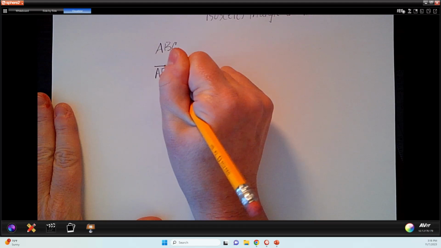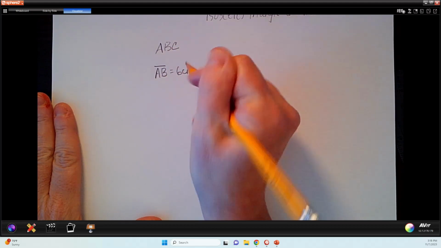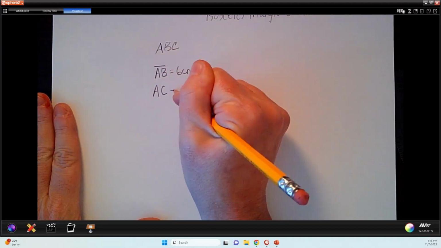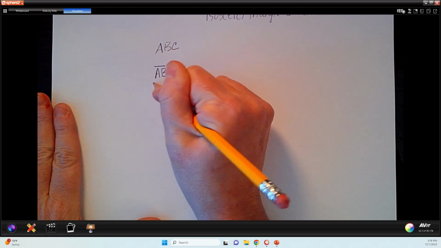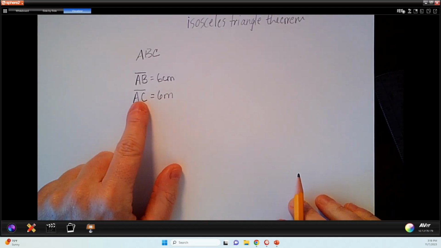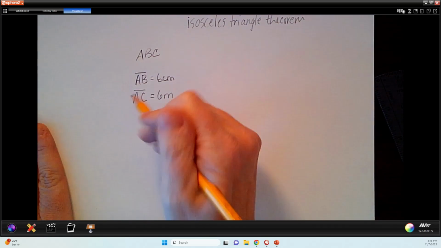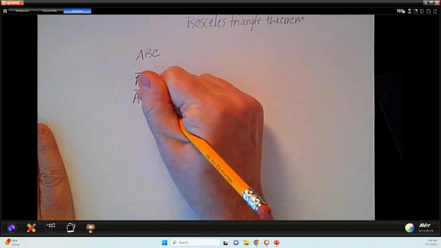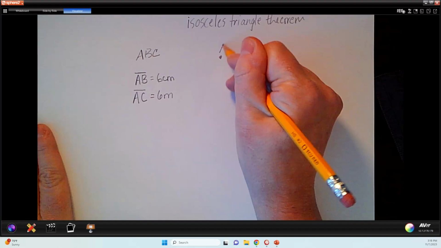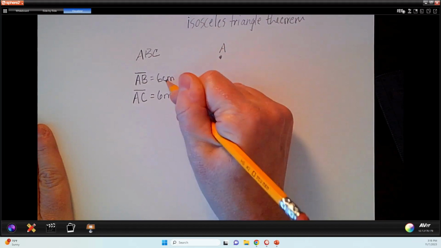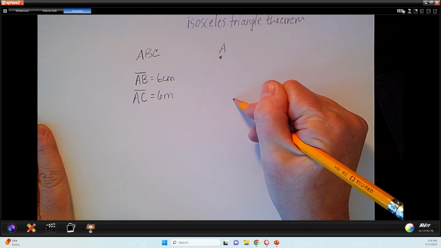AB is 6 centimeters, and AC is equal to 6 centimeters. There's my isosceles. Now, I am going to say the base, because you don't necessarily need the base, but I'm going to just say for the sake of argument that the bottom of my triangle, so if A is the top, that's my A, so from A to B is going to be 6, and from A to C is going to be 6.